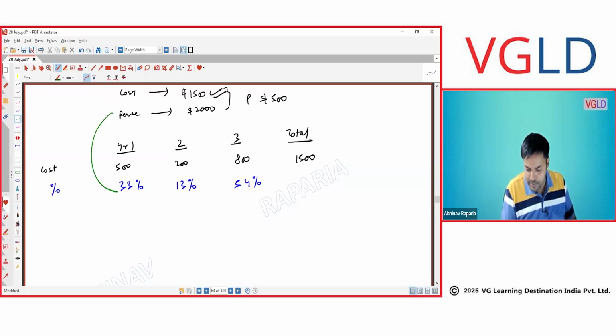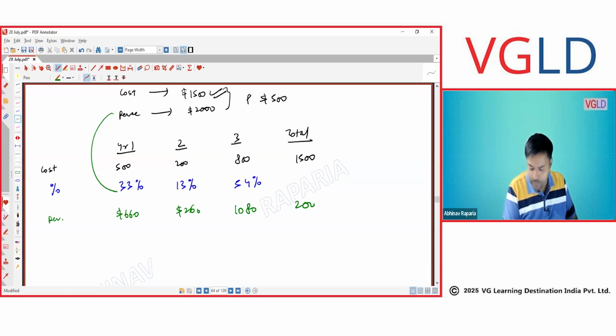This multiplied by this. So 2,000 multiplied by 13% is going to be 260. And 2,000 multiplied by 54% is approximately 1,080. The total is 2,000.